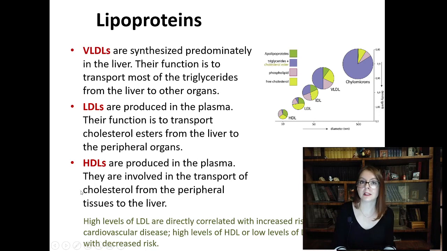While high-density lipoproteins are the transport form of cholesterol from the peripheral organs to the liver, so they have good prognostic significance. If a patient has a high concentration of high-density or a low concentration of low-density lipoproteins, this is a good predictable sign for the doctor.